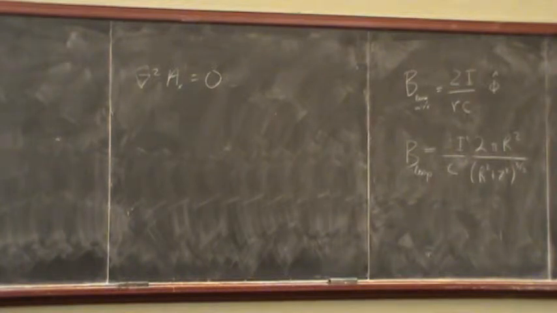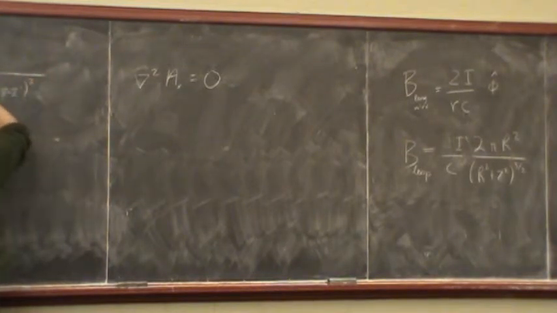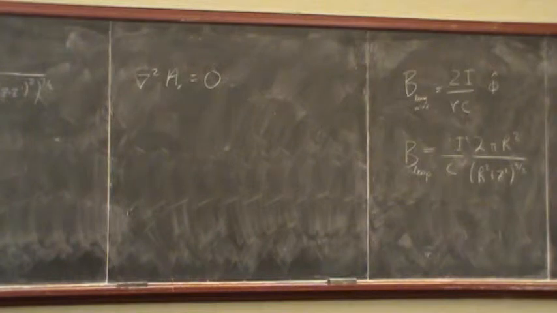So instead of z in there, I have z minus z prime. So when I want to put the loop anywhere, this goes to 2 pi I r squared over c times 1 over r squared plus z minus z prime squared to the 3/2. That would be to calculate the field at point z due to a coil at position z prime.